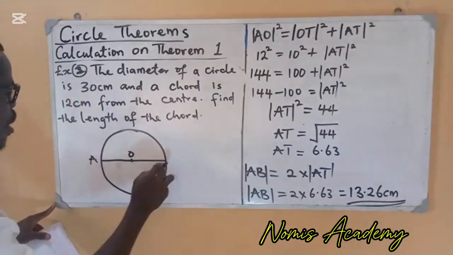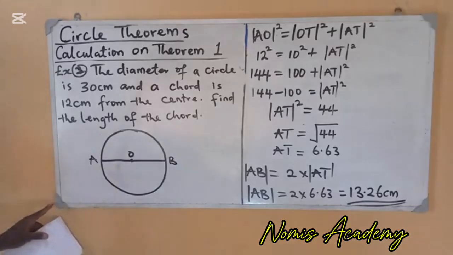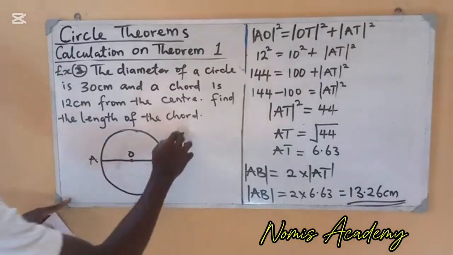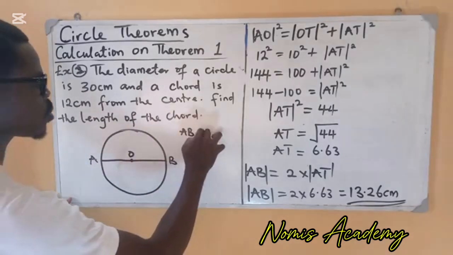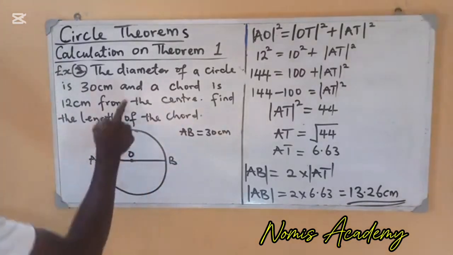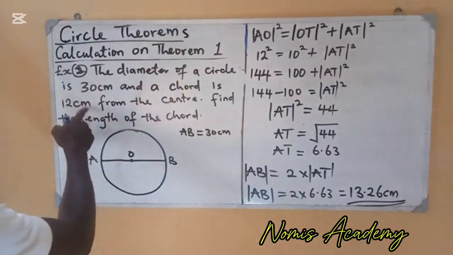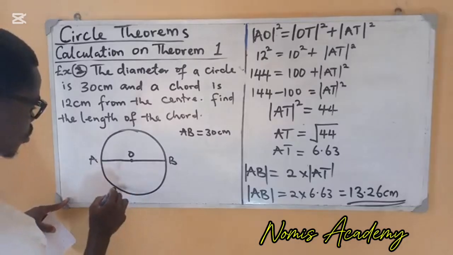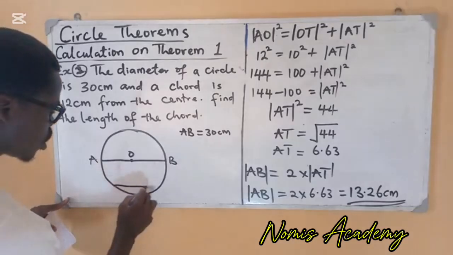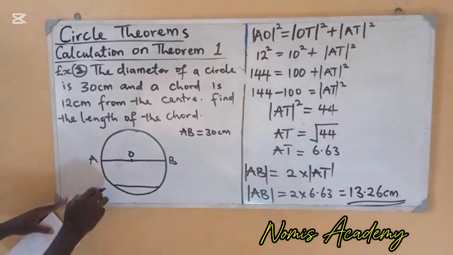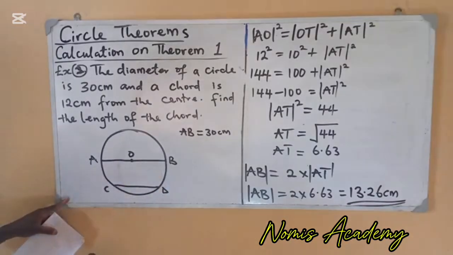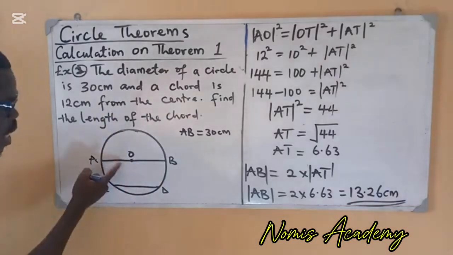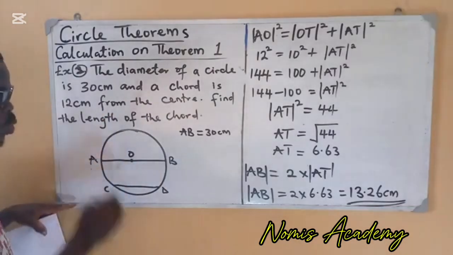So AB, which is the diameter of the circle, is 30 centimeters. And a chord CD is 12 centimeters away. That is, the distance between AB and CD is 12 centimeters.